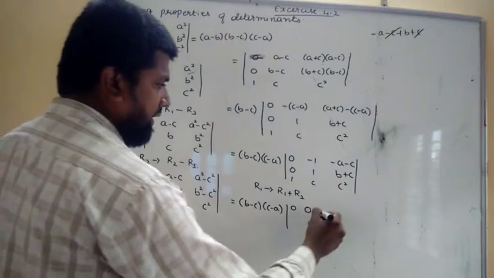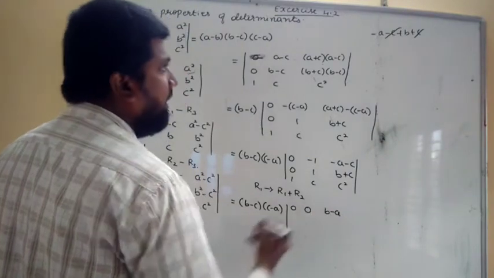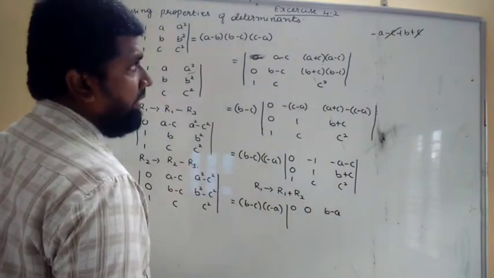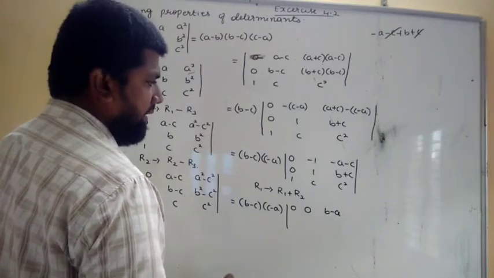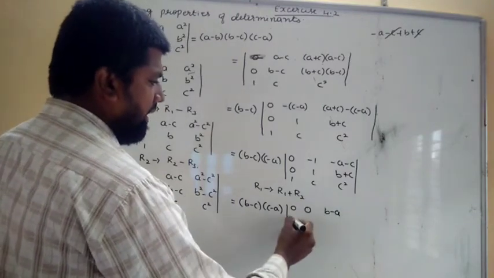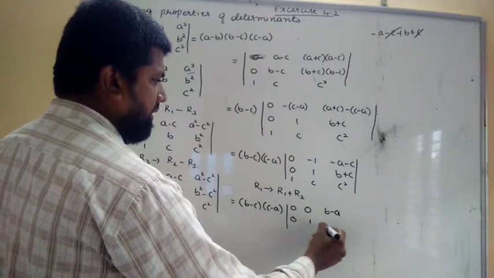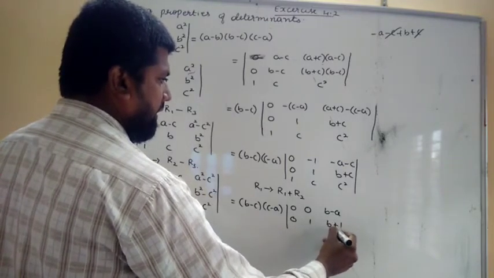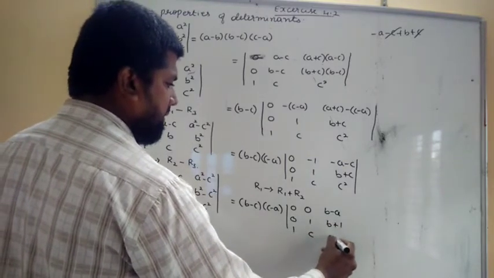Again your remaining thing is minus A plus B. Again second row as it is 1 0 1, B plus C, then 1 C, C square.